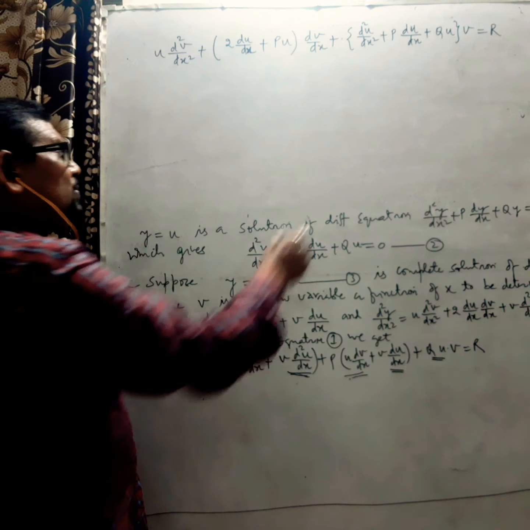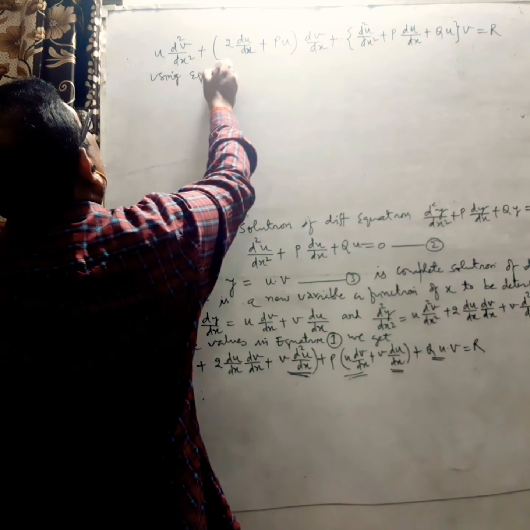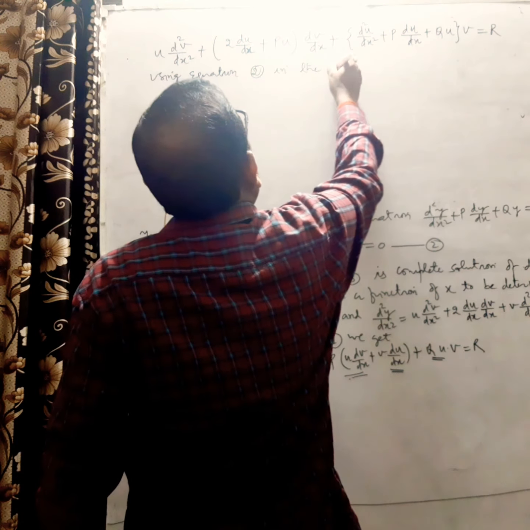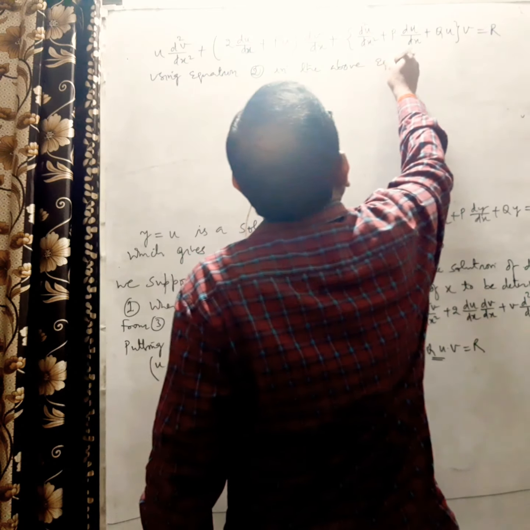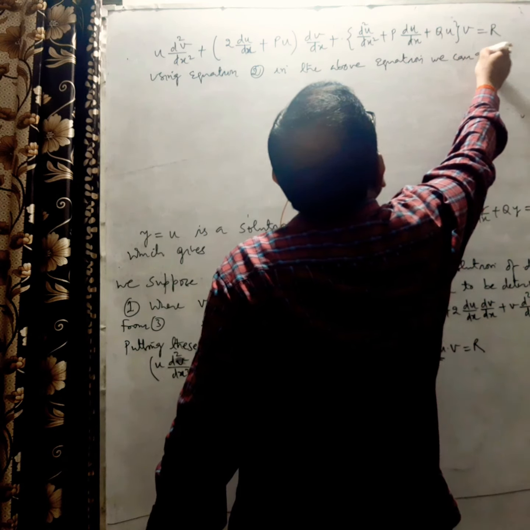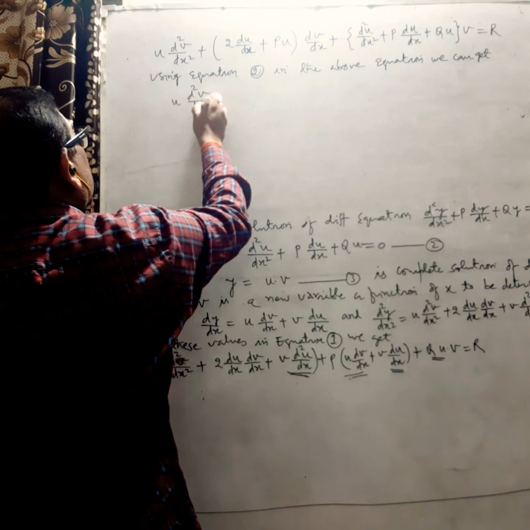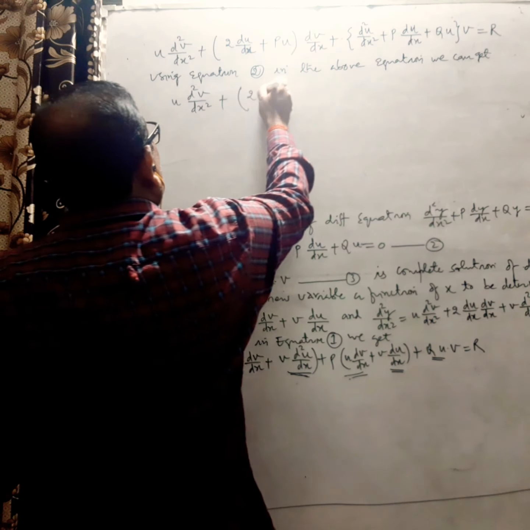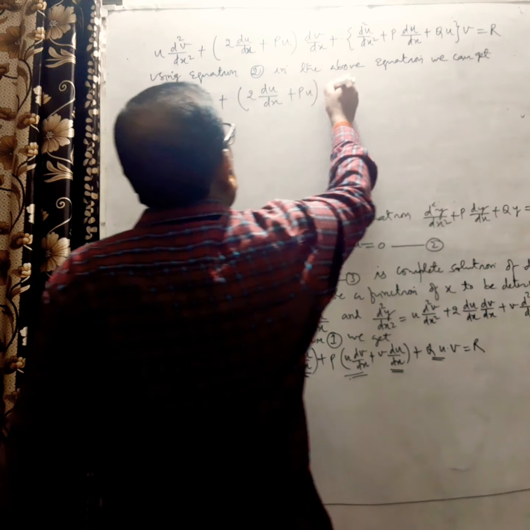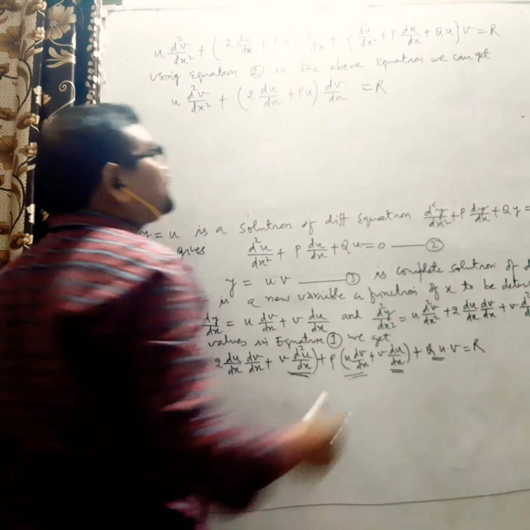So using equation 2 in the above equation, we can get u d2v upon dx square plus 2 du upon dx plus p u, dv upon dx is equal to r, because this becomes 0.